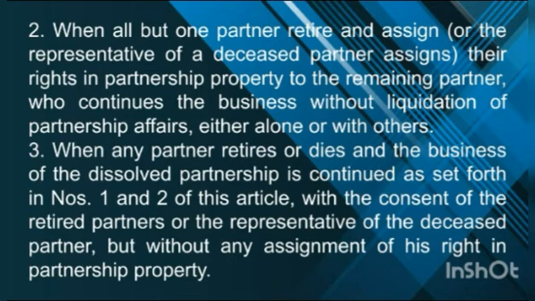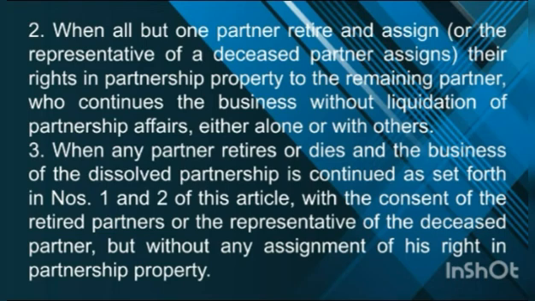Number 2. When all but one partner retire and assign, or the representative of a deceased partner assigns their rights in partnership property to the remaining partner, who continues the business without liquidation of partnership affairs, either alone or with others.